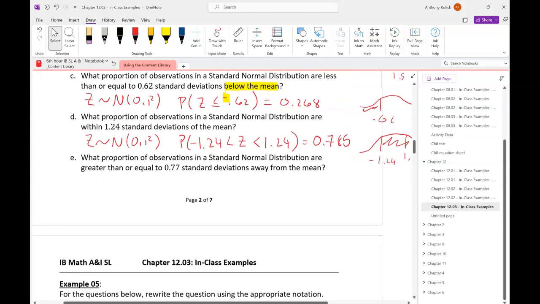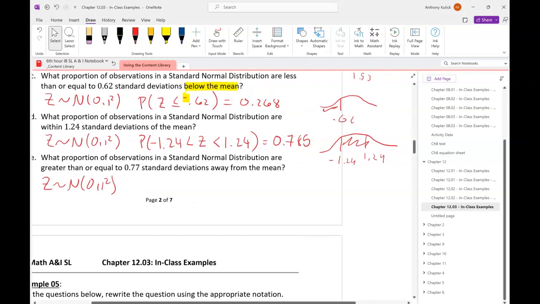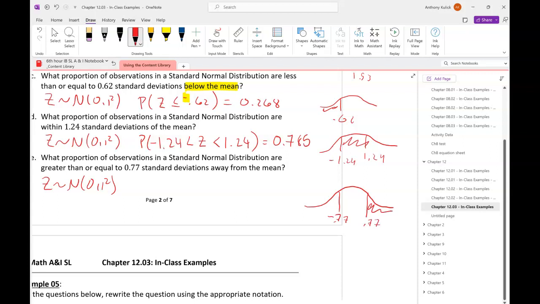All right, this last one, the wording is kind of funny here. So let's think about what this is going to mean. So standard normal are greater than or equal to 0.77 standard deviations away from the mean. So let's think about the picture maybe first. That would be that, right?